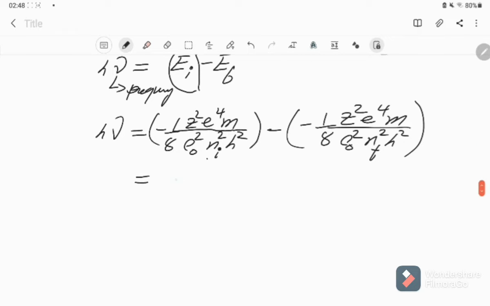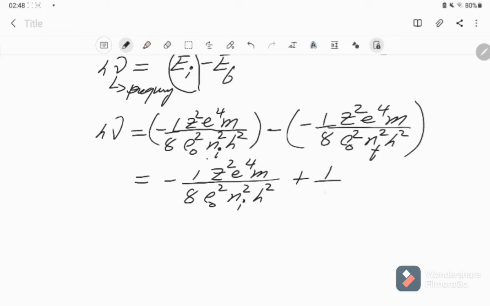So this becomes minus 1 by 8, Z squared e to the power 4 m over epsilon naught squared n_i squared h squared, and minus minus is plus, plus 1 by 8, Z squared e to the power 4 m over epsilon naught squared n_F squared h squared.